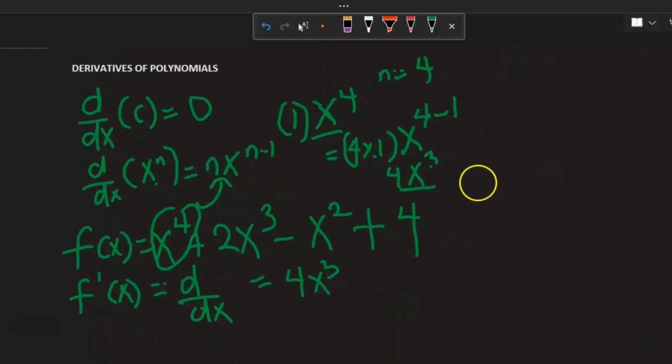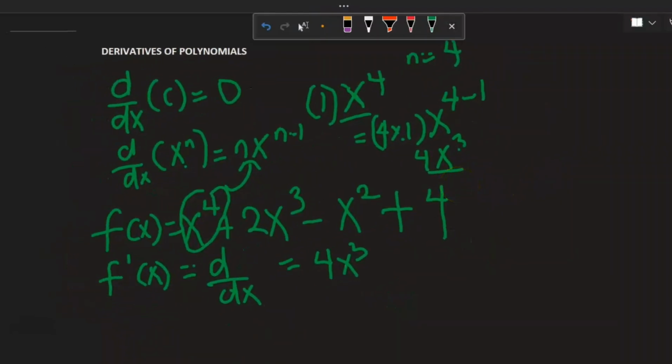Let's solve 2x raised to power 3. My n here is 3. So I will multiply it by the coefficient of x here.